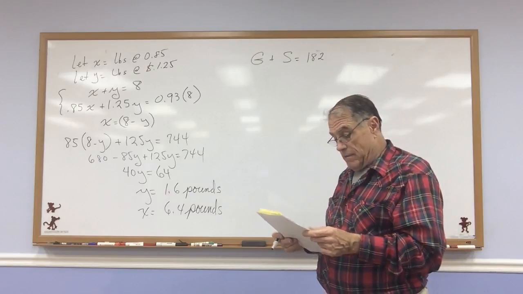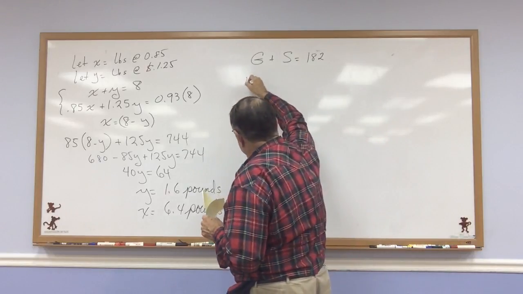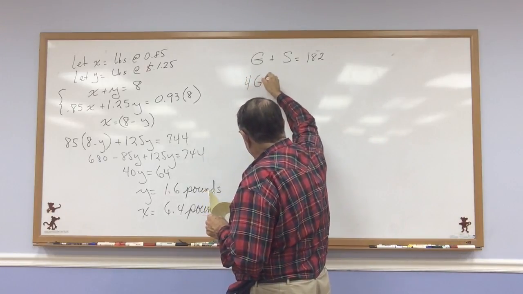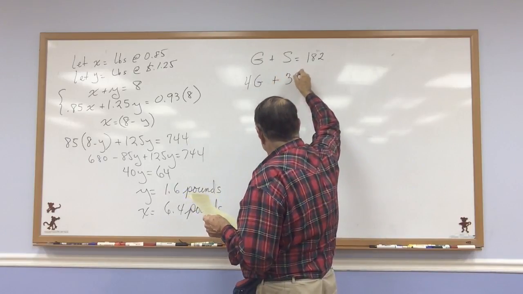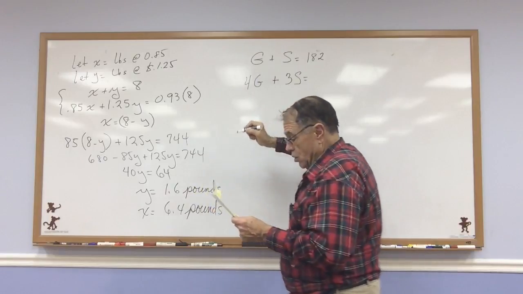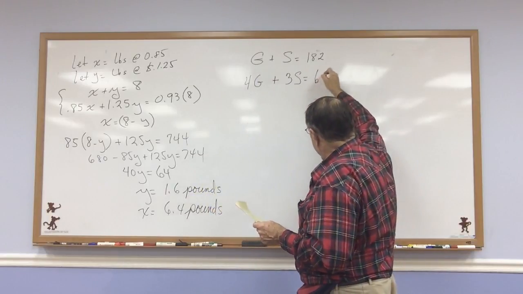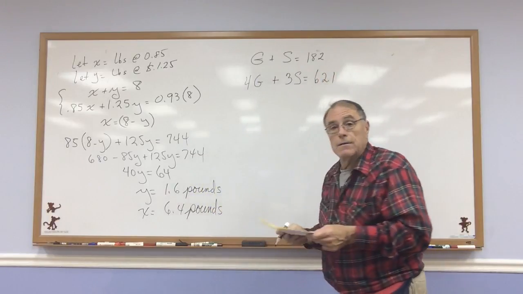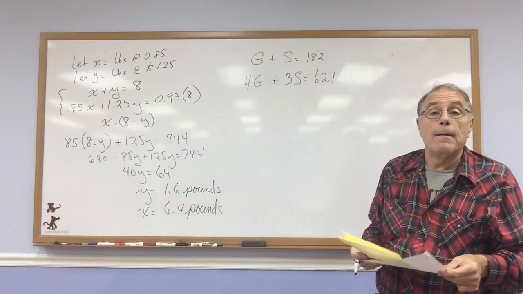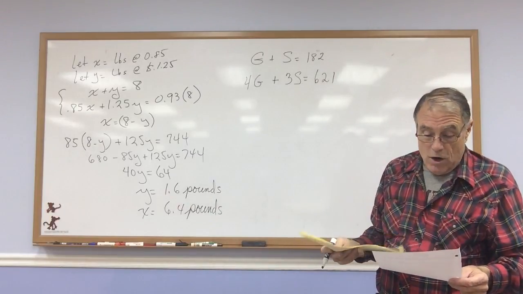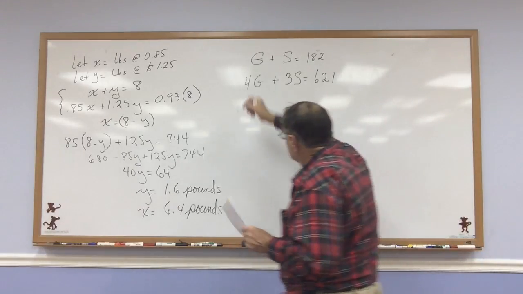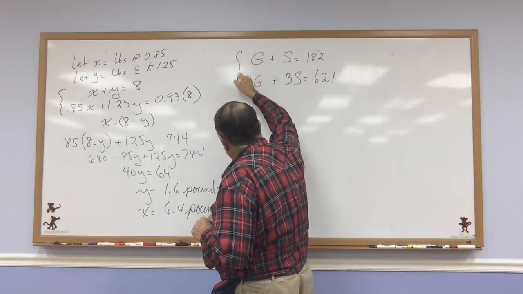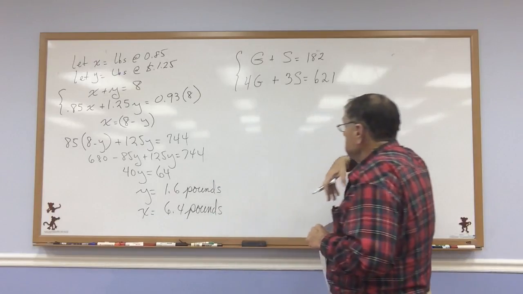Now, the general admission is $4, so 4G is that revenue. Student tickets are $3, 3S, and they collected a total of $621. That's my how much equation. How much money was taken in? Again, I've got my how many and how much equation.